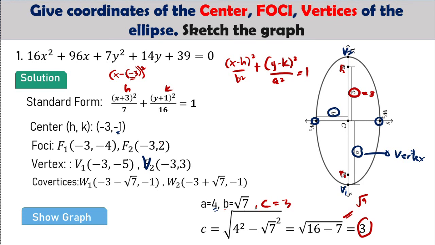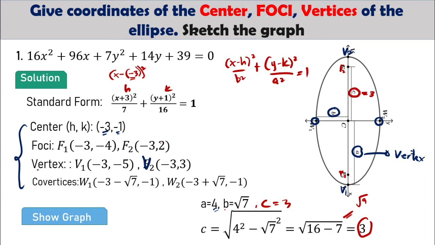So W sub 1 is negative 3 minus square root of 7, negative 1, going to the left. W sub 2, the co-vertex number 2, we add square root of 7 to the abscissa of the center, so negative 3 plus square root of 7, negative 1. These are the center, foci, vertices, and co-vertices of the ellipse.